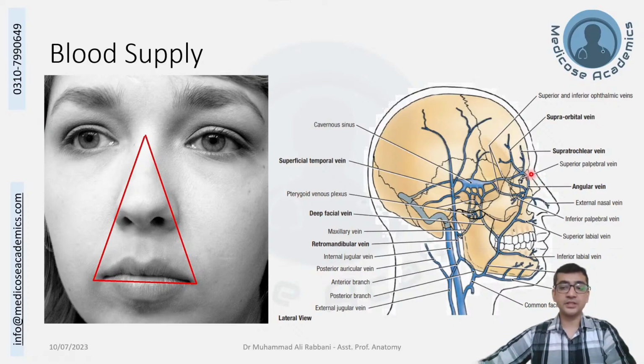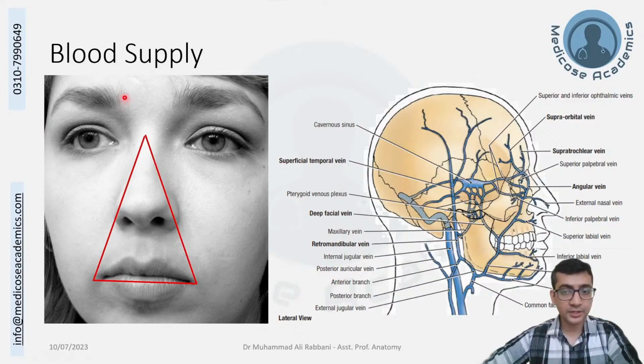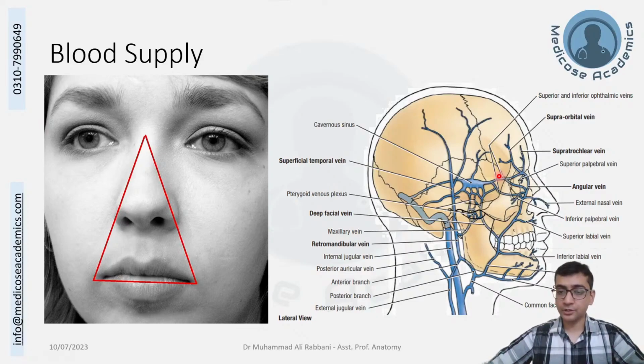So you can see from this tip of the nose, through the ophthalmic veins, and from the angle of the mouth through the deep facial vein and pterygoid venous plexus, this area is ultimately having a potential connection with the cavernous venous sinus.